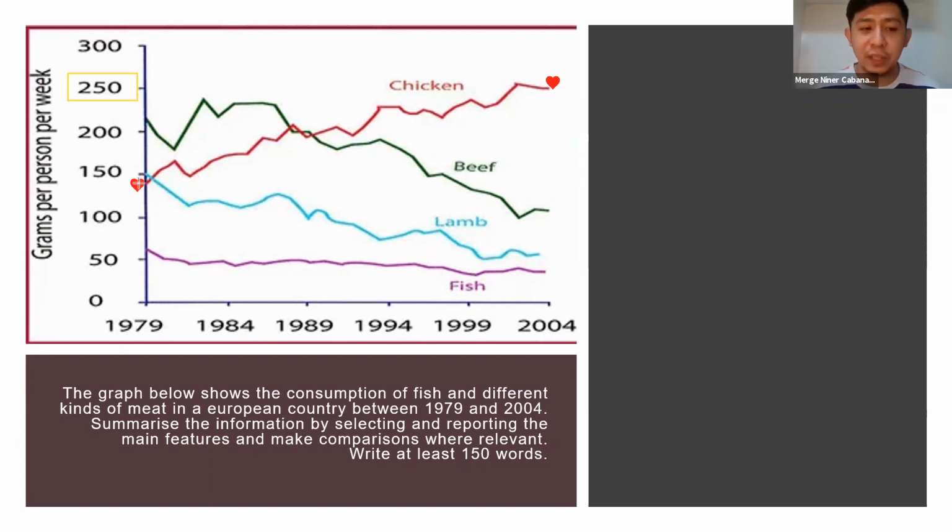So if it is previously less than 150 and it is now about 250, we are seeing 100 grams of increase. So instead of saying increase to, you will say chicken consumption increased by 100 grams. Because if you subtract 150 from 250, you will get the difference of 100. So when you use to, that means you're referring to the new figure.